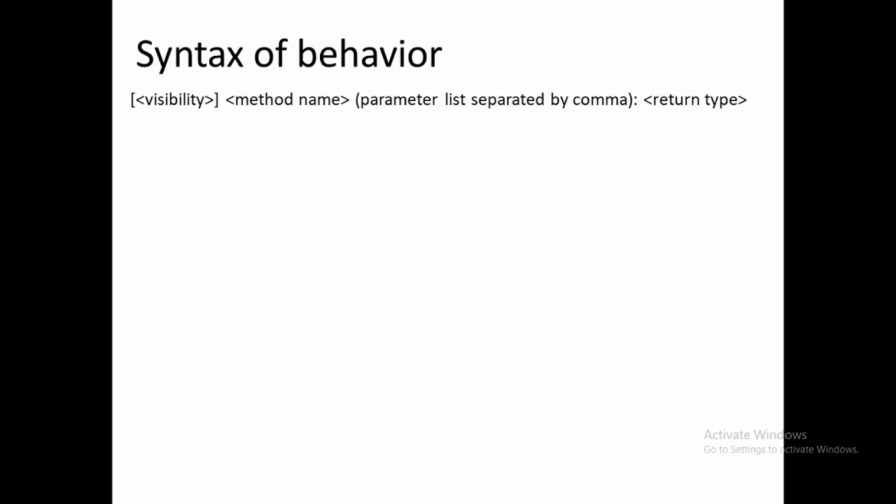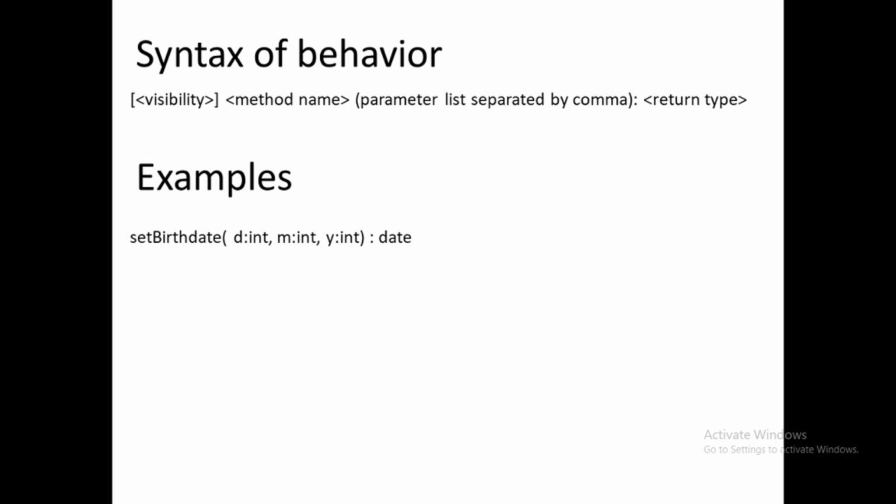So similarly, syntax of behavior or method: visibility, then inside angle bracket method name, inside round bracket parameter list separated by comma, colon, return type. So this is the structure of behavior.